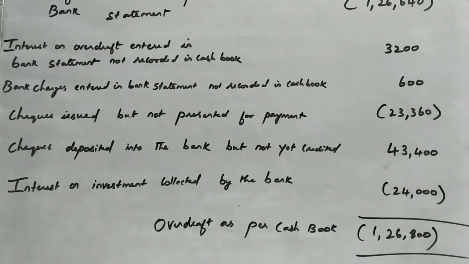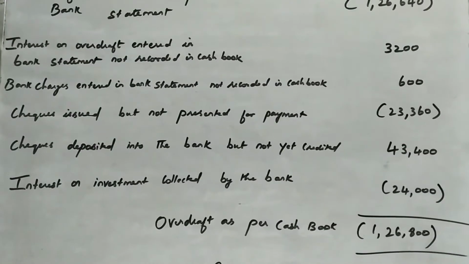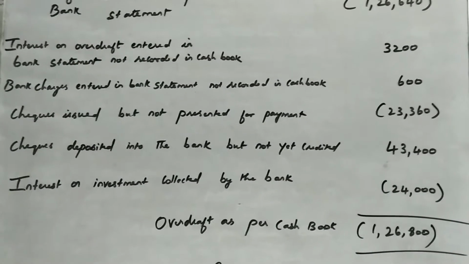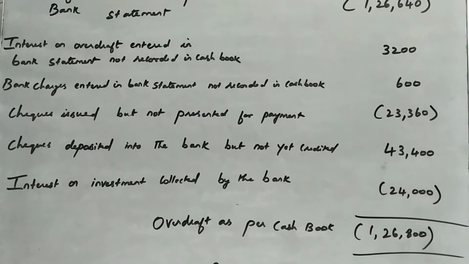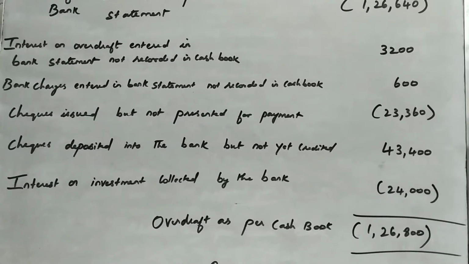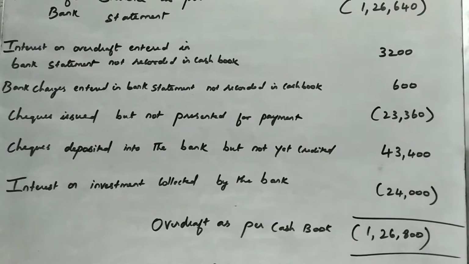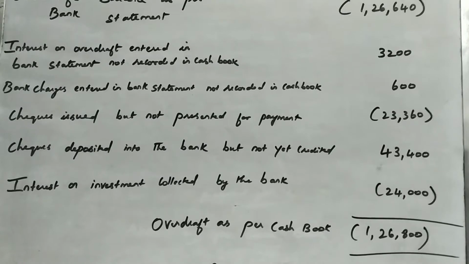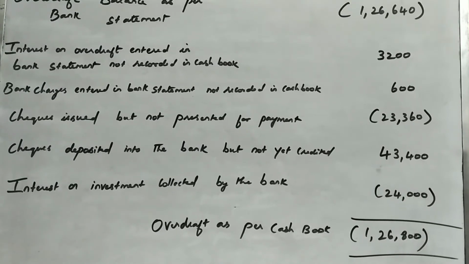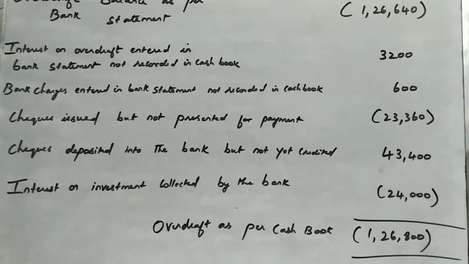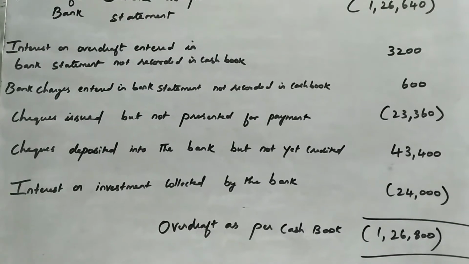Then check deposited into the bank but not yet credited. So when we receive a check, we will first add it up in our cash book and then deposit the same with the bank. Only then the money transfer takes place, but it will take one or two days. Now check has been deposited. We have added up in our cash book, but money has not been credited to our account yet. Cash is more, bank is less. So what we have to do?